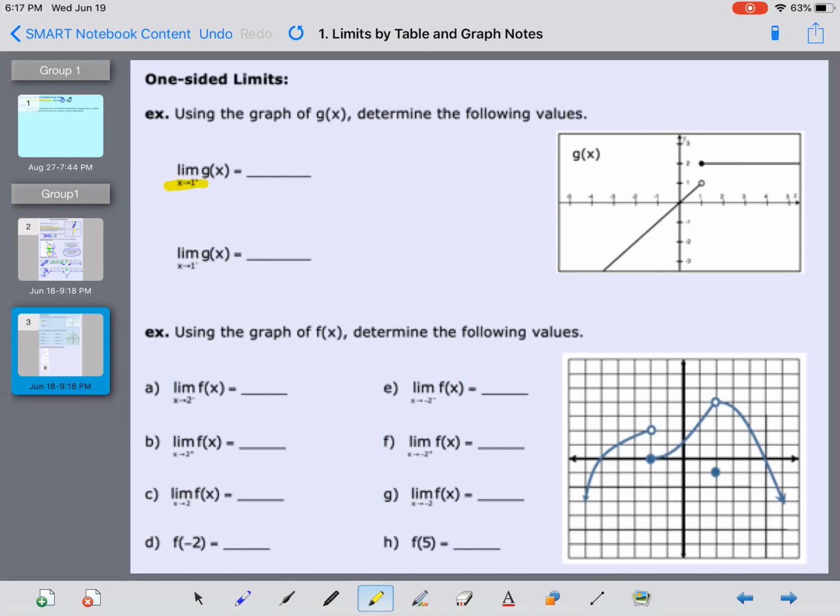If there's a plus, what that means is we're approaching from the right. So we're approaching 1. Because 1 is the value. It's not a positive one, it's just that we're approaching that number from the right.